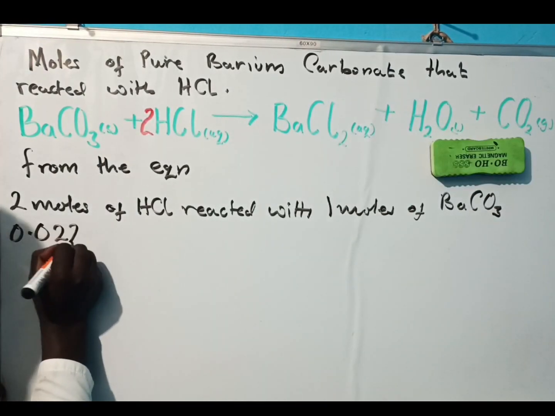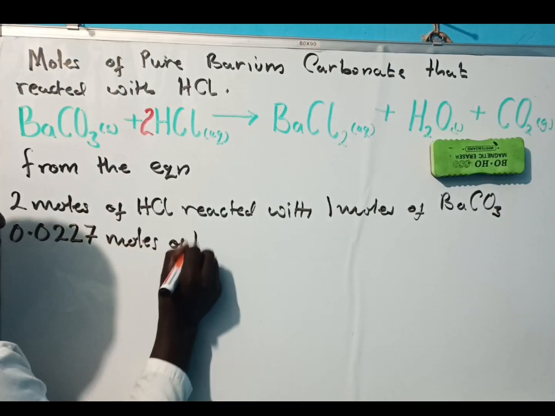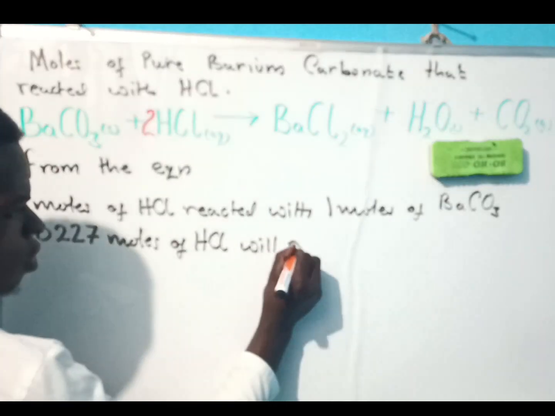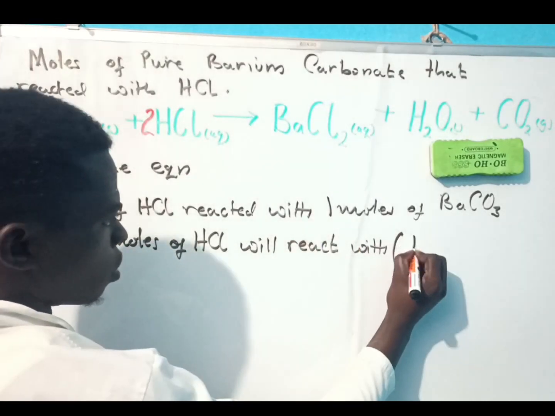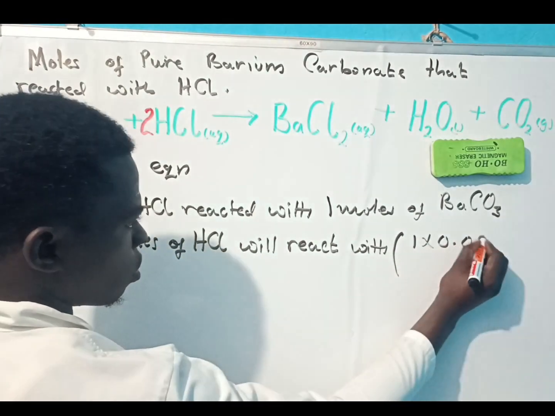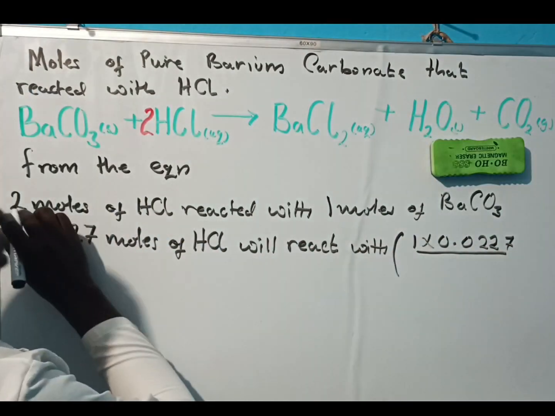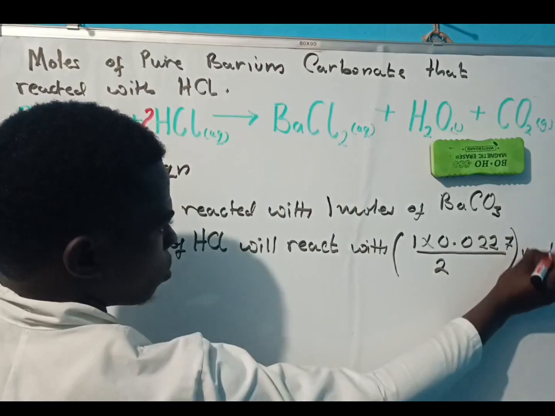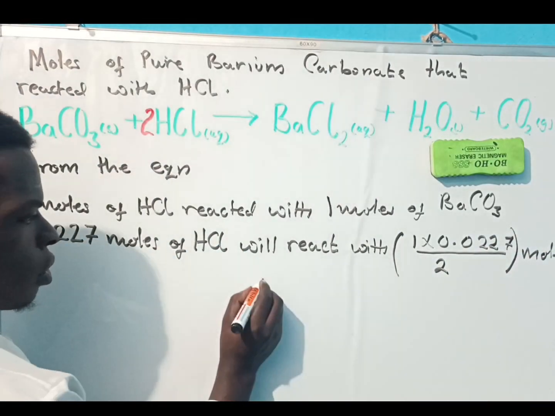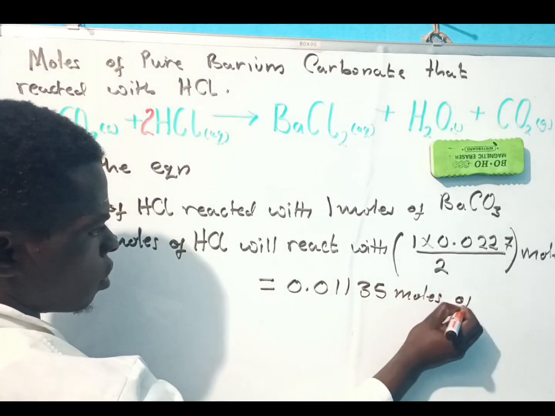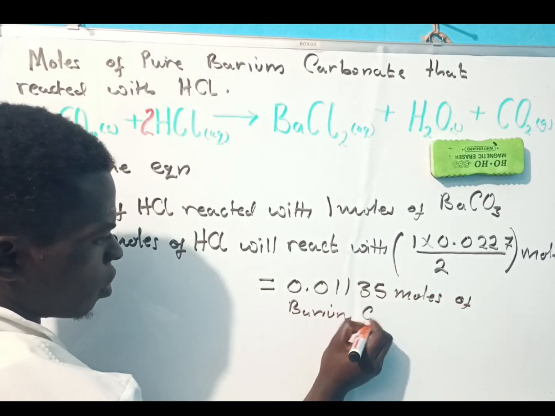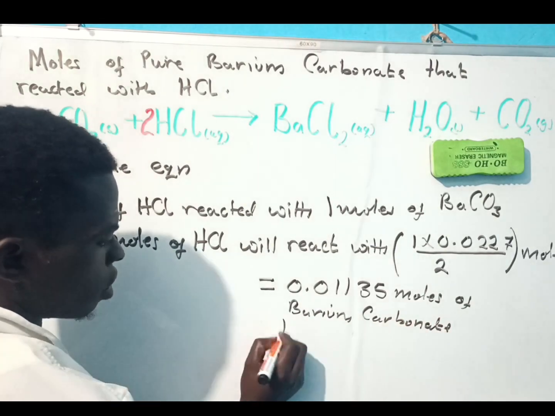What about the 0.0227 moles of hydrochloric acid will react with? That is 1 times 0.0227 over 2. These are moles, giving 0.01135 moles of barium carbonate in P that reacted with hydrochloric acid.